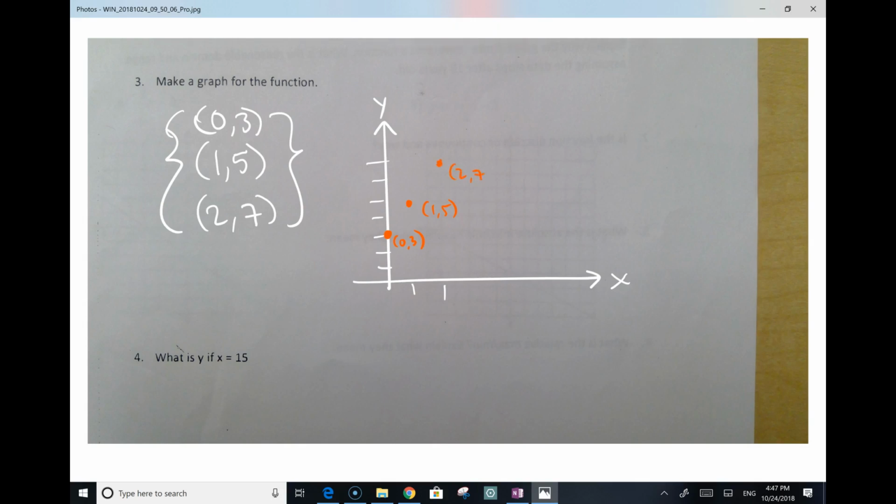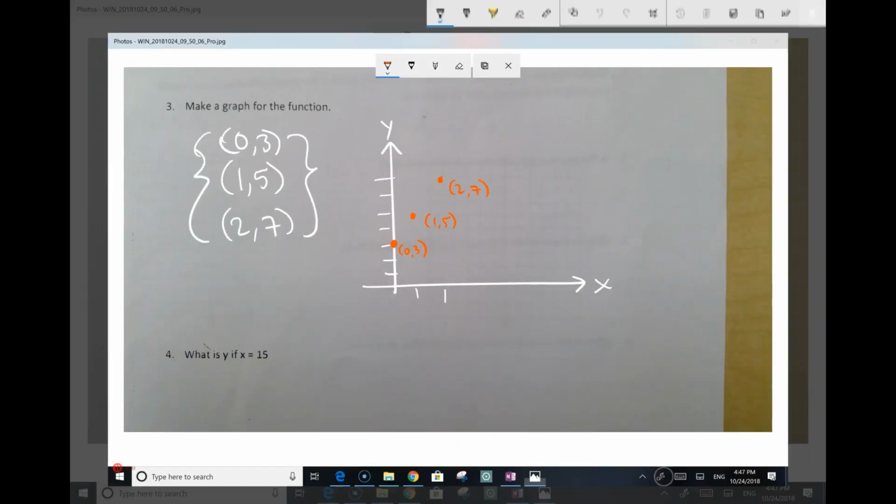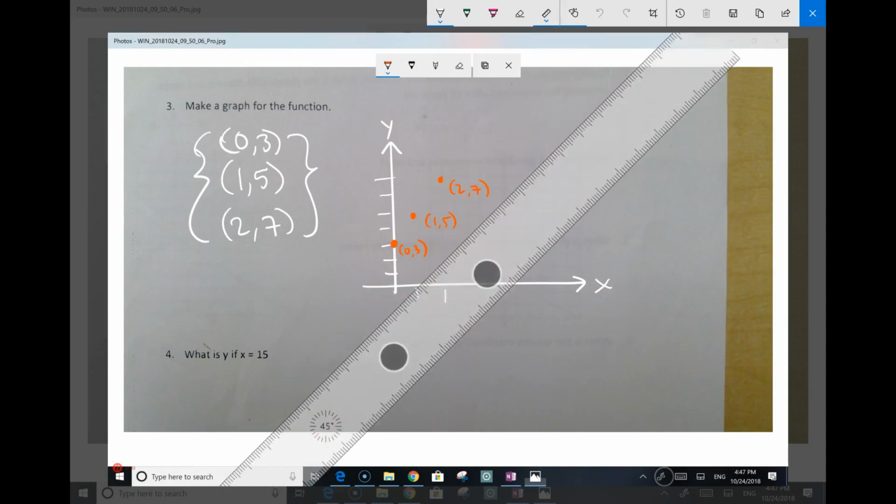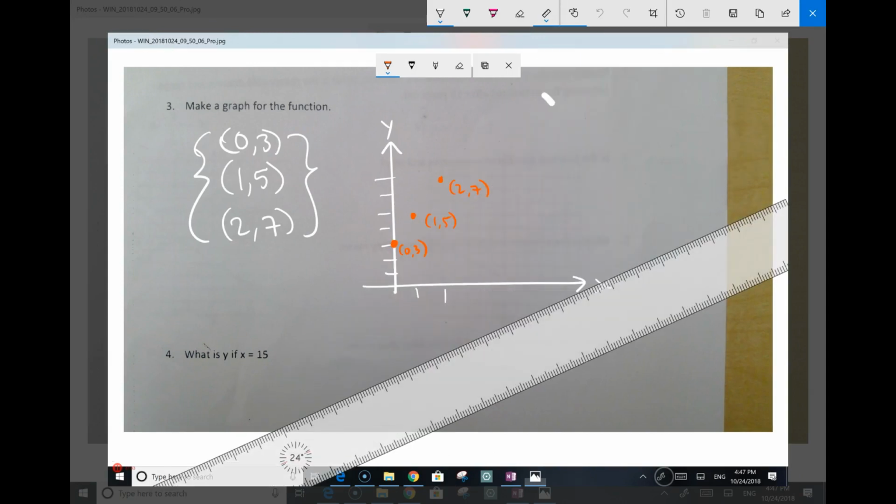That's 2, 7. So the first thing you should note is that these points actually do form a line, and they should, because this function that we had earlier, y of x, is equal to 2x plus 3.